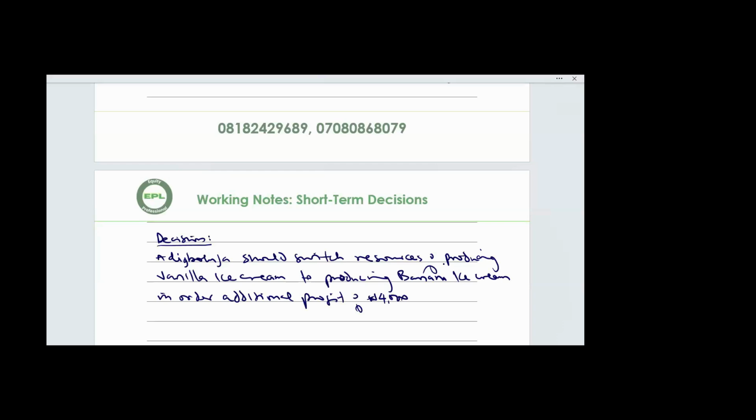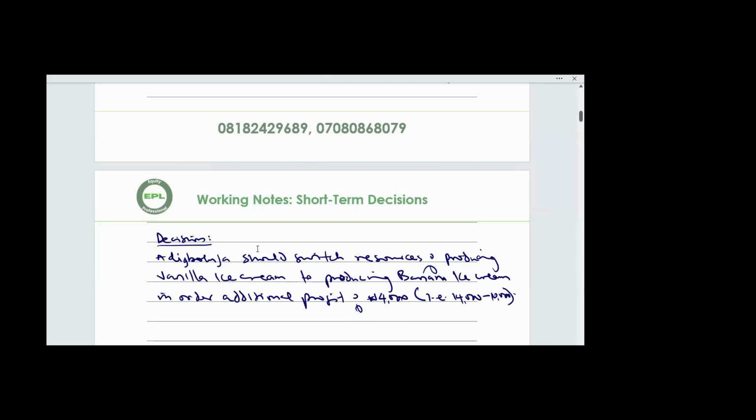Extra profit of 4,000 naira, that is 14,000 minus 10,000. All right, that's how we arrive at the 4,000. That is for that.